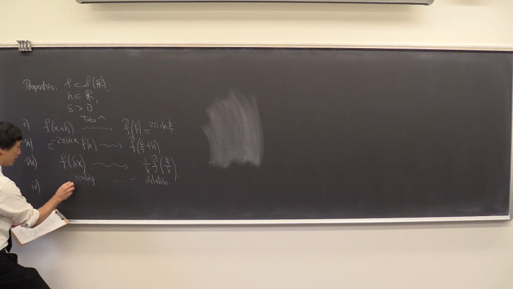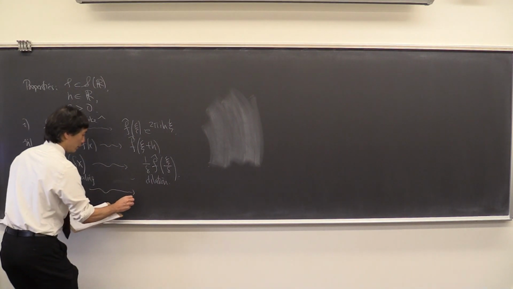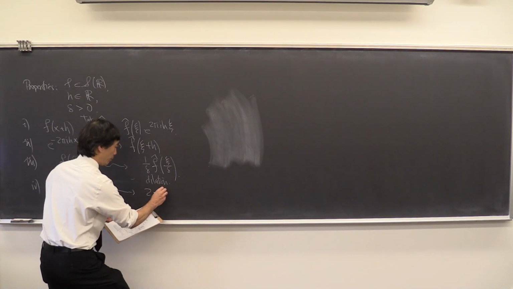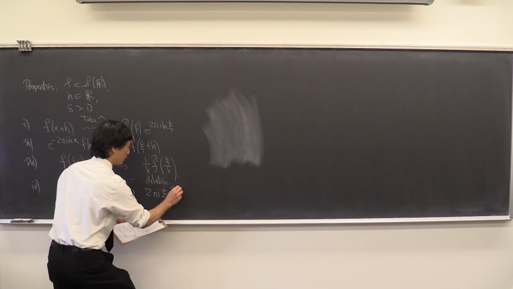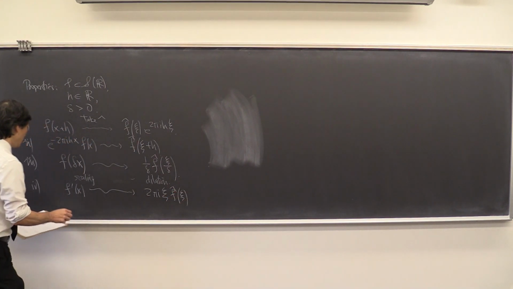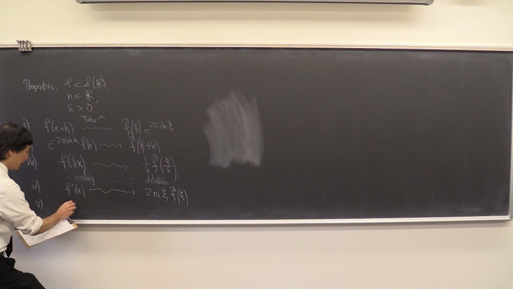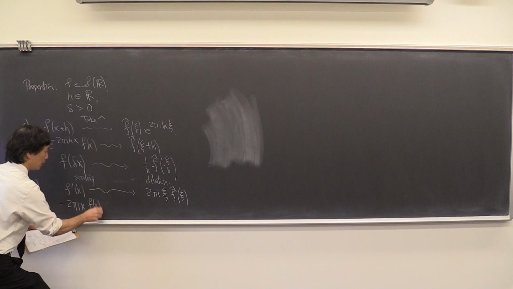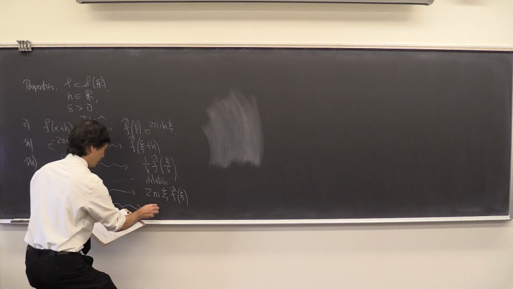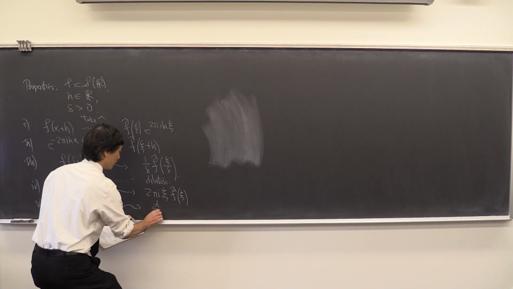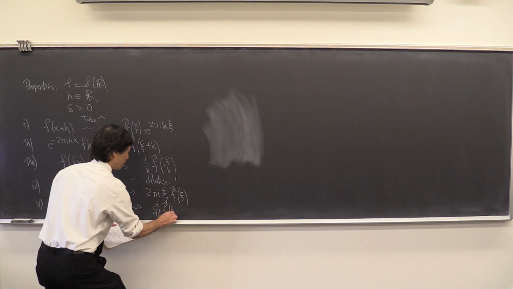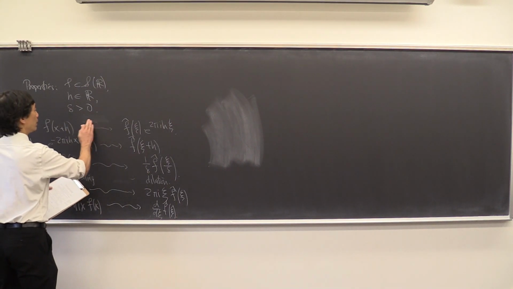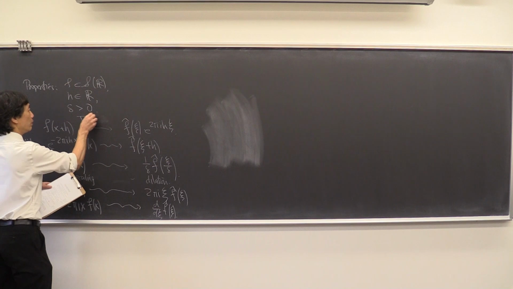Number 5 was that differentiation on the Fourier transform side turns into multiplication by the variable, and again, if you multiply by negative 2 pi i x, then that turns into differentiation when you take the Fourier transform.